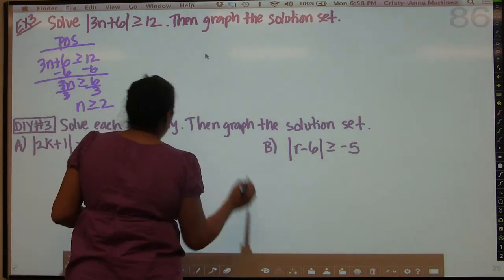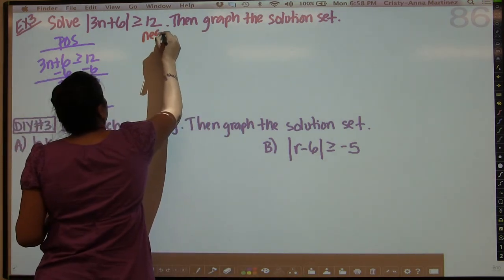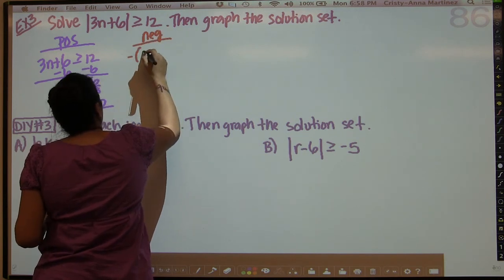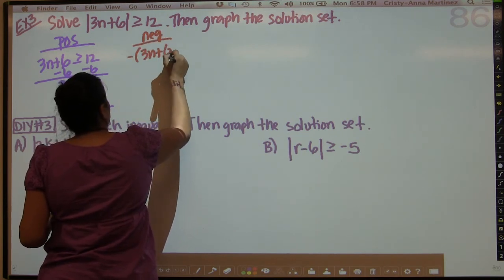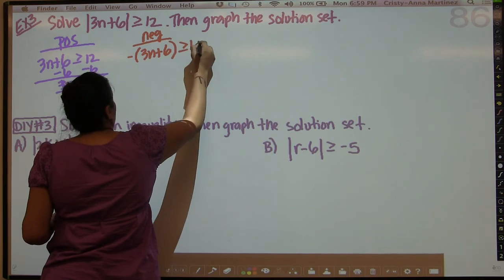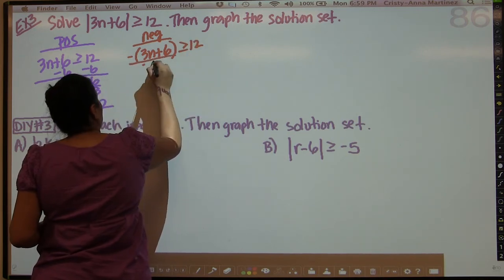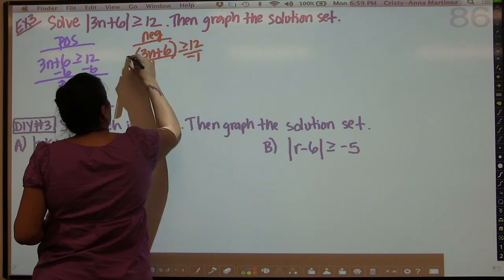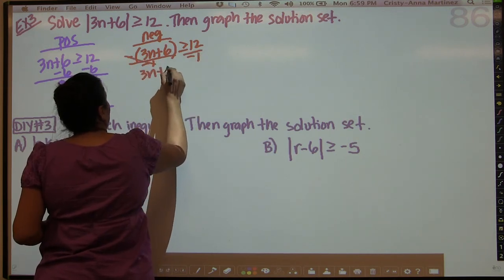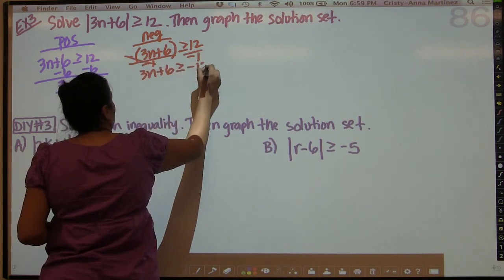In our negative case, we're going to get negative 3n plus 6 greater than or equal to 12. And then you're going to divide by negative 1. So you get 3n plus 6 greater than or equal to negative 12.